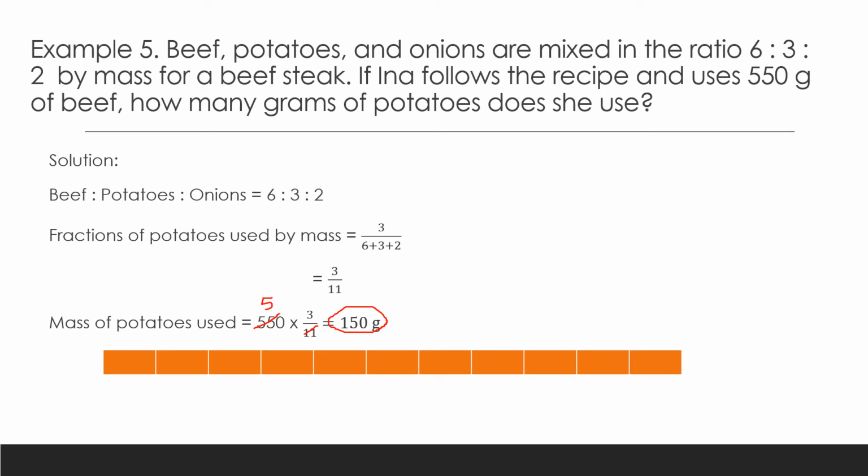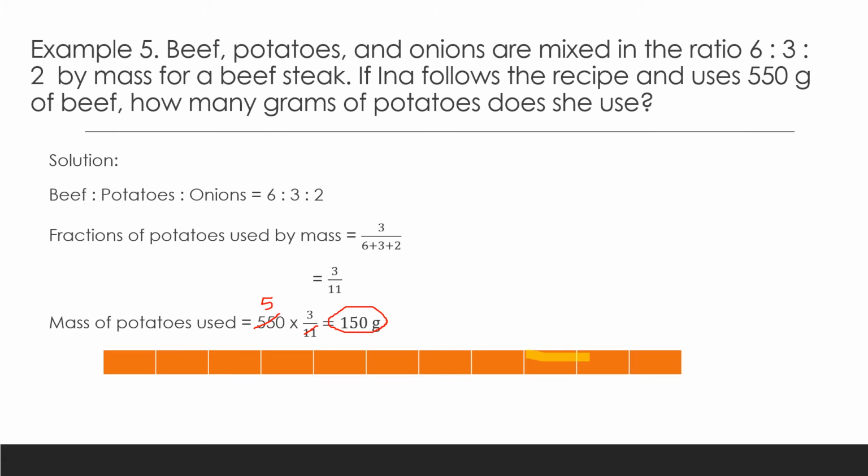So if we are going to create 3 over 11 of the part here, so in this, we have here 1, 2, 3, 4, 5, 6, 7, 8, 9, 10, 11. So 3 over 11, if we are going to highlight these 3 parts, okay? Hindi ko ma-highlight.